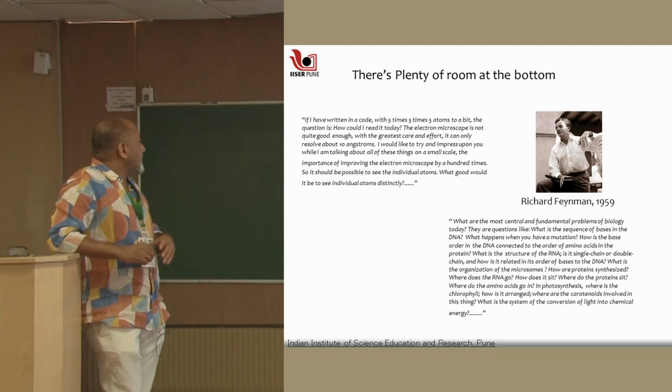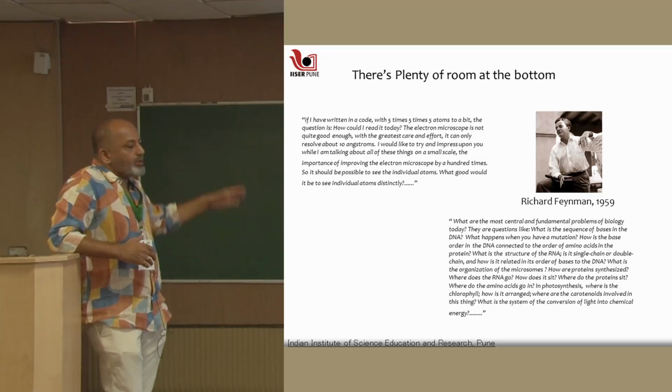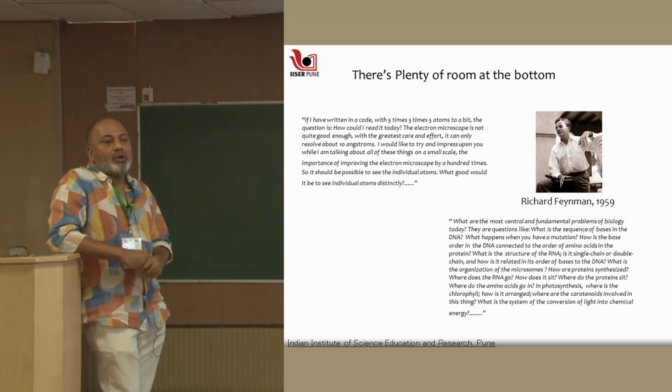I would like to impress upon you, while I am talking about all those things on a small scale, the importance of improving the electron microscope by 100 times. So it should be possible to see individual atoms, and what good would it be to see individual atoms distinctly, and then it goes on listing what all the possibilities are.